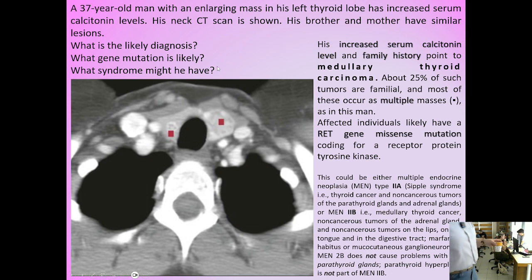As for what syndromes we should look for, taking into account that there was a familial history of lesions, in this case this could be MEN type 2A, known as Sipple syndrome, where we have thyroid cancer and non-cancerous tumors of the parathyroid glands and adrenal glands, or MEN 2B, where we have medullary thyroid cancer, as in our case, and non-cancerous tumors of the adrenal gland, and non-cancerous tumors on the lips, on the tongue, and in the digestive tract.